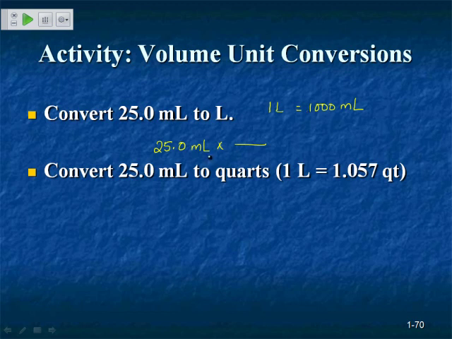So whatever we are given, that should go on the bottom. So that means 1000 milliliters goes on the bottom, and we are looking for liters, so 1 liter goes on the top. Therefore, the milliliters and milliliters get cancelled and you have your answer in liters. So how many liters is this? 0.025 liters. That is correct.